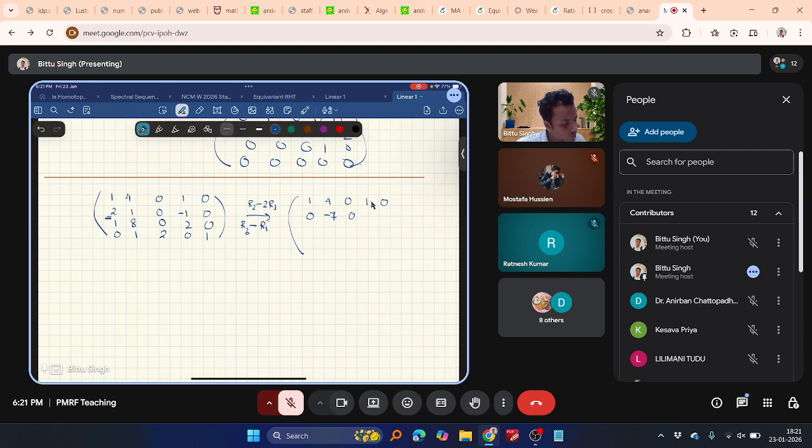Then 0 minus 1 and minus 2 becomes minus 3. Then 0. For R3 minus R1, 1 minus 1 is 0, similarly 8 minus 4 is 4, 0 minus 0 is 0, 2 minus 1 is 1, and 0, and the last row is 0 1 2 0 1. Okay, so this should be the answer.